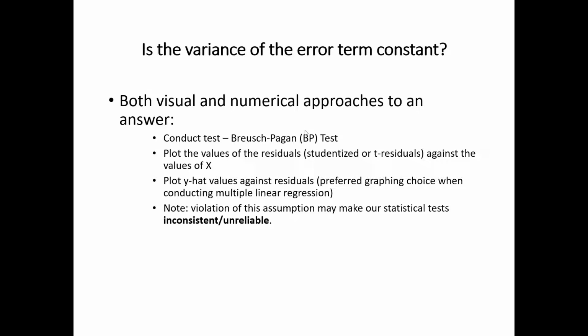The problem with non-constant variance is our statistical tests are what we consider inconsistent and unreliable. For almost all our statistical tests, especially the t-tests and the f-tests, in the denominator is some measure of variability of error, whether it's the standard error of a coefficient in the case of a t-test, or the variability in error in the case of an f-test.